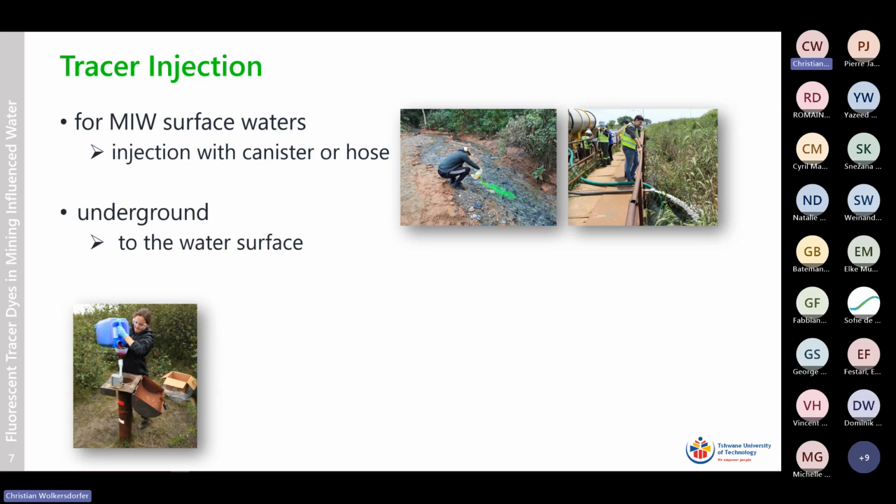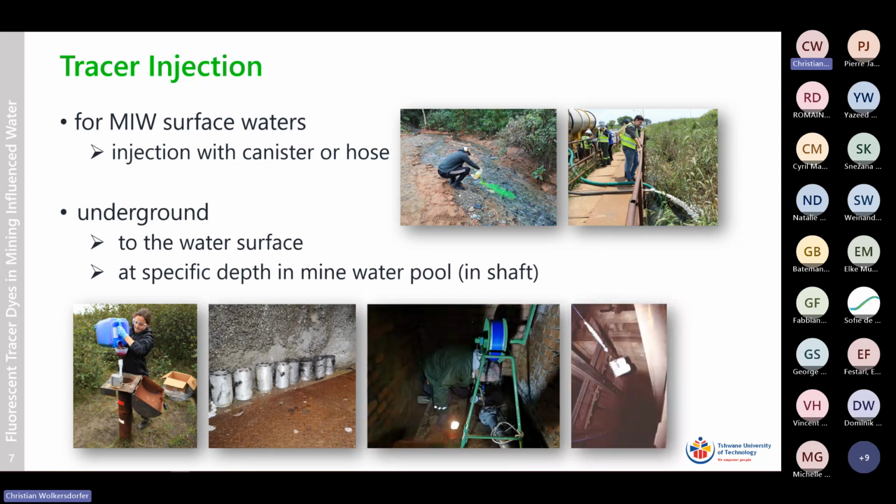But now probably new for you, the tracer test can also be done inside the mine, in the underground. So one option is to add the tracer to the water surface here with a canister, or you can also just pour it directly into the shaft without using a funnel. And then the other option is to lower down a device we have to a specific depth, let's say 300 meters depth or 500 meters depth.